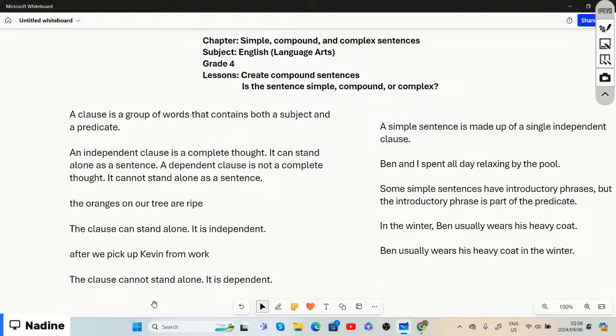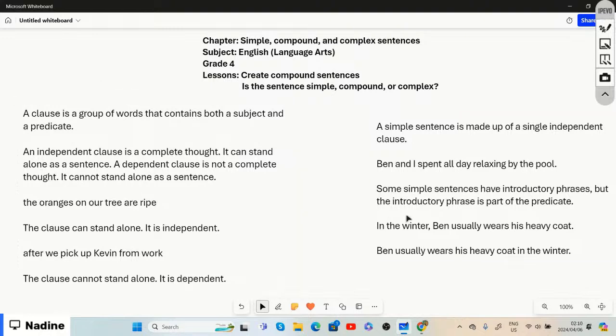And the dependent clause is joined by either a subordinating conjunction or a pronoun. So we spoke about independent clauses and dependent clauses.